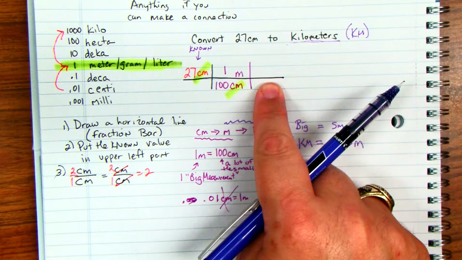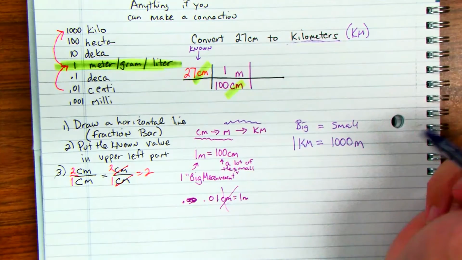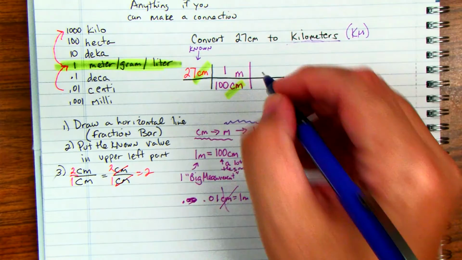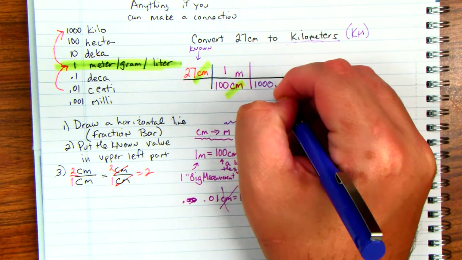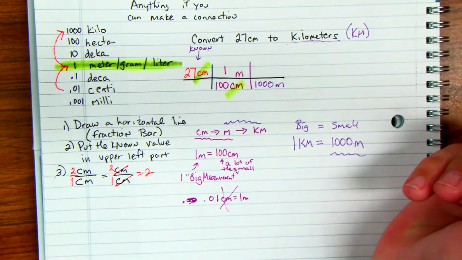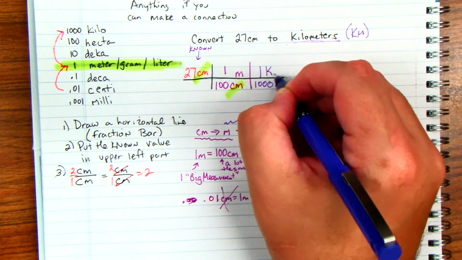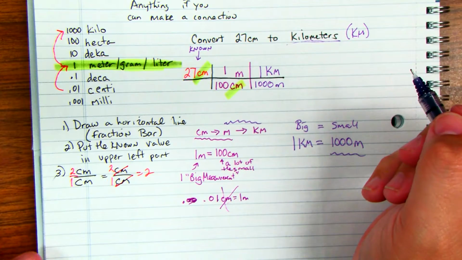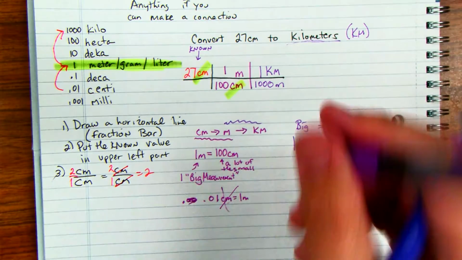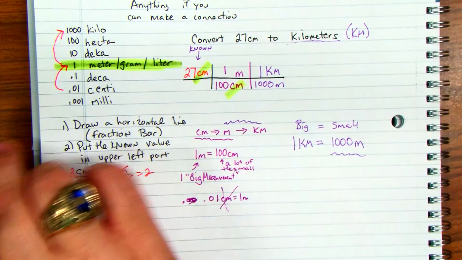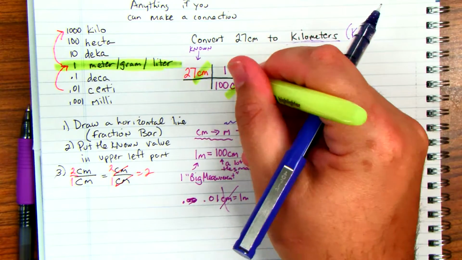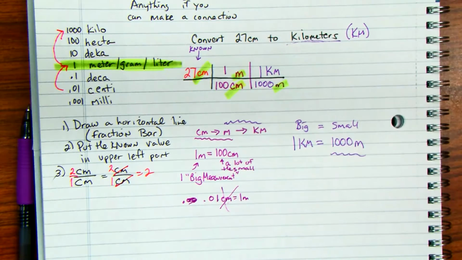Meters. So I look here, and I see 1,000 meters, and there's 1 kilometer up here. So now the meters divide out. And what am I left with? Kilometers.